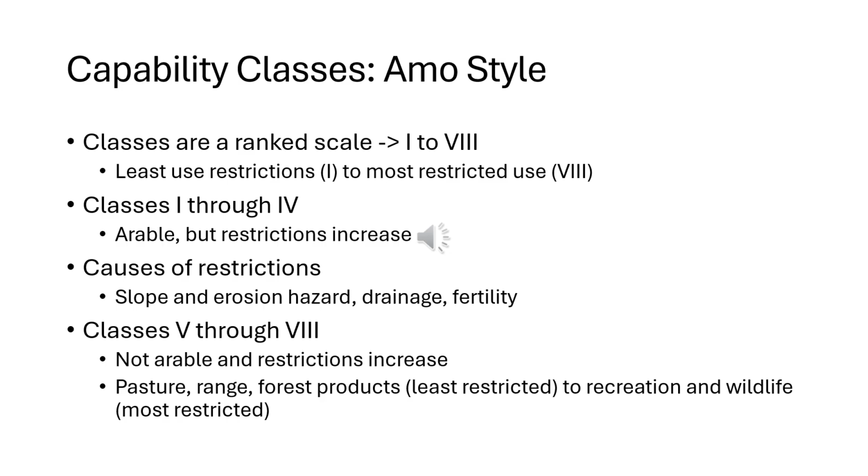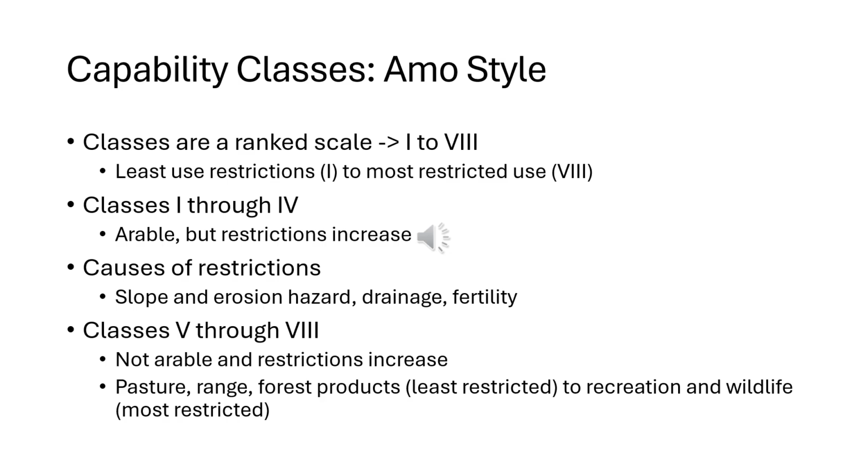Now let's look at the other half, 5 through 8. These are classified not suitable as arable or farmable land. And 5 would be the least restrictive for uses such as pasture, range, and forest lands.